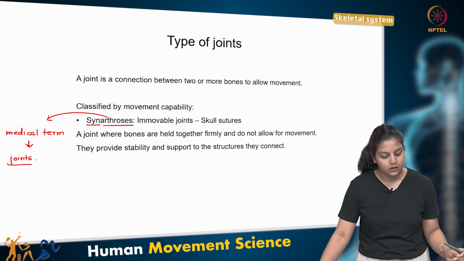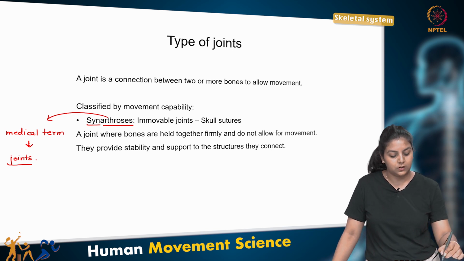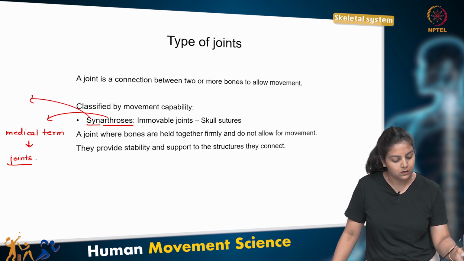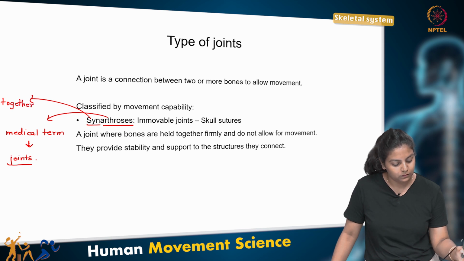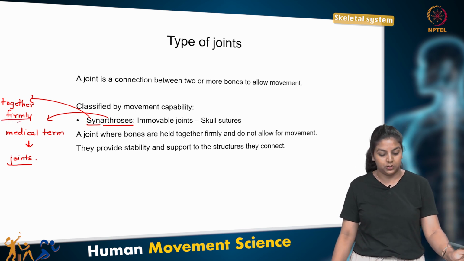So, just makes the understanding and remembrance of this word easier. So your syn means together, firmly, and arthrosis means joints. So synarthrosis is an immovable joint.